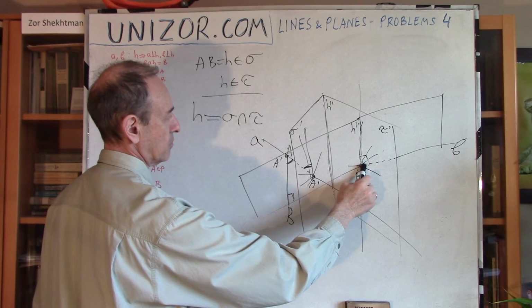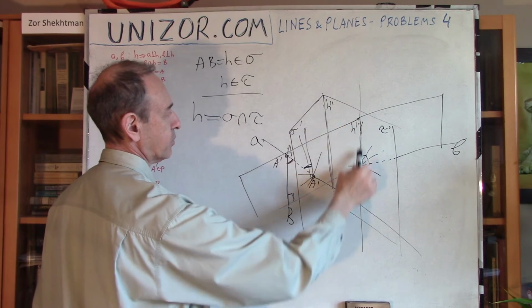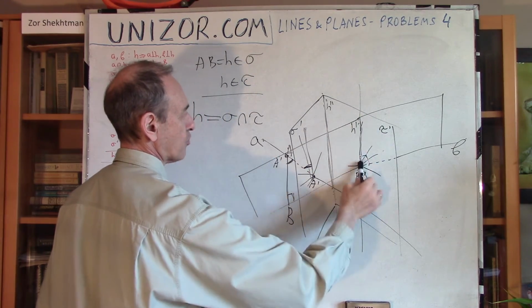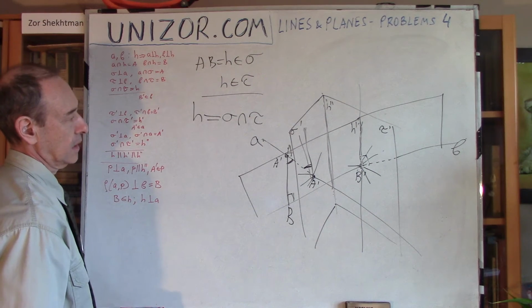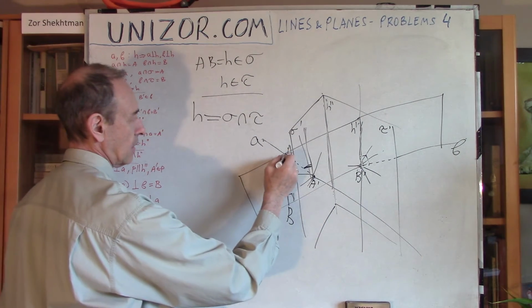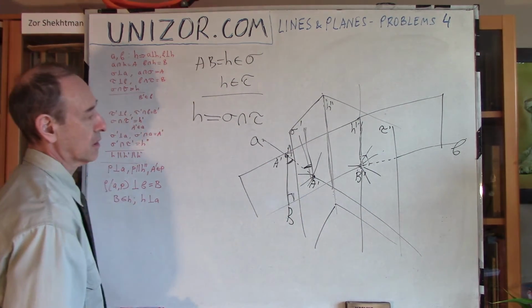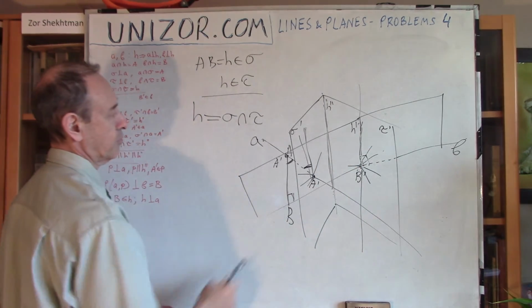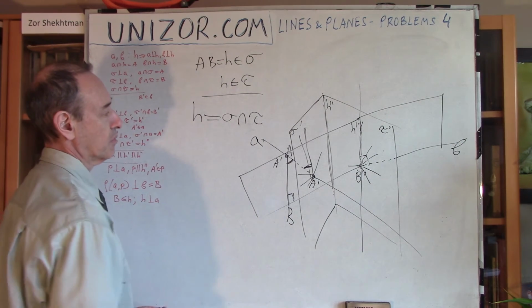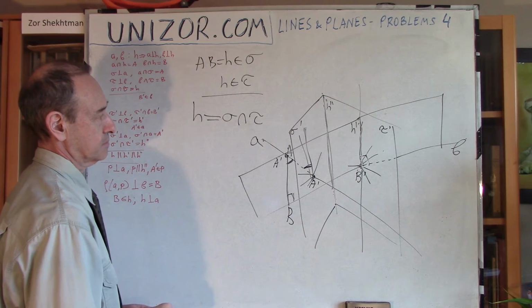This will be H prime. Then I build a plane based on B and H prime until it intersects line A. From line A, I drop the perpendicular to line B, getting point B. So AB would be my construction.